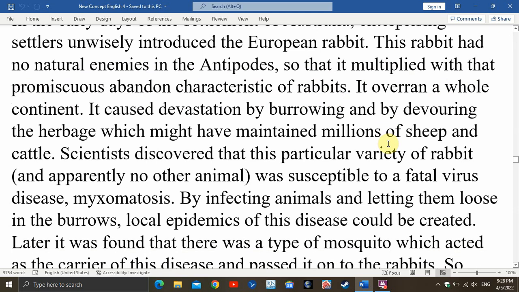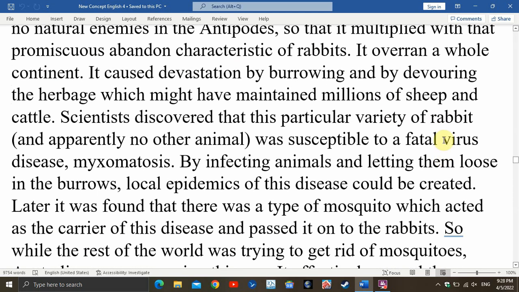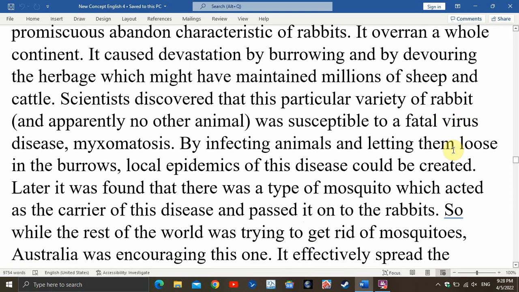It overran a whole continent. It caused devastation by burrowing and by devouring the herbage, which might have maintained millions of sheep and cattle.